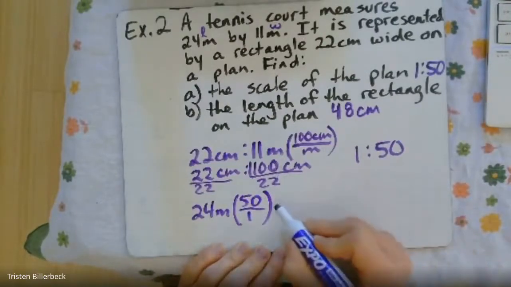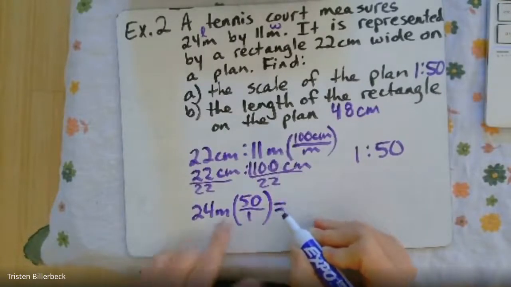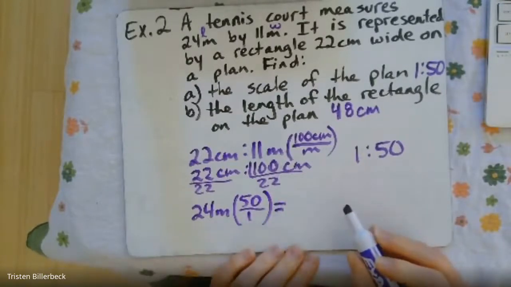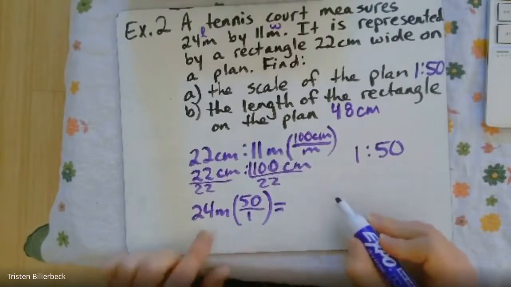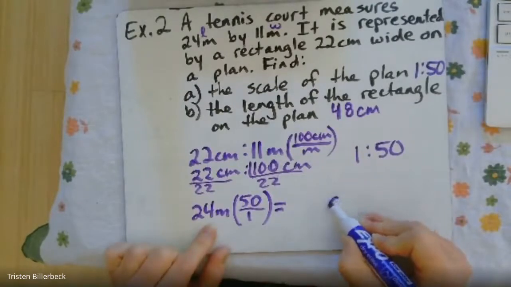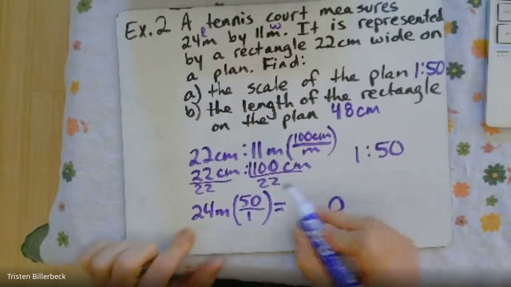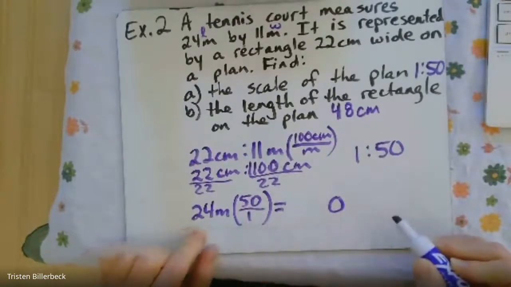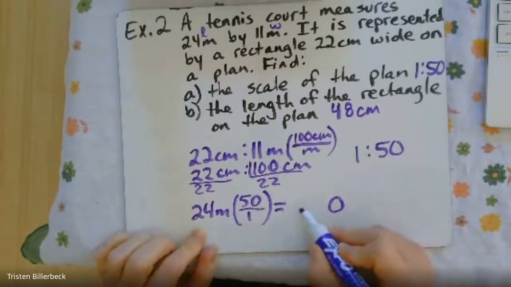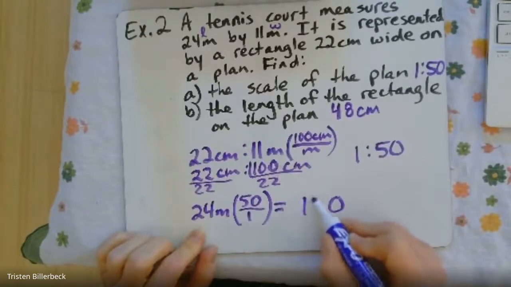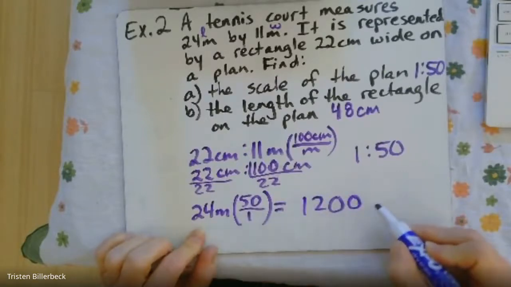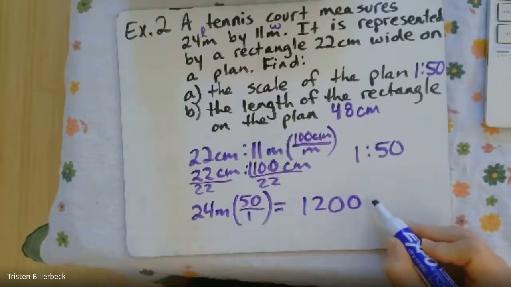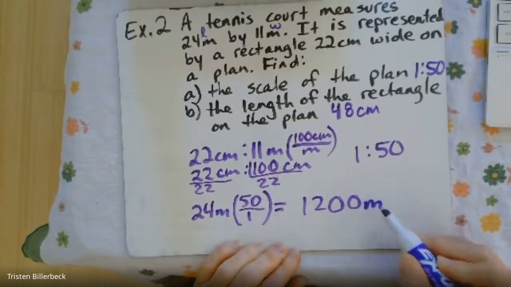Okay, so then we multiply this, 50 to 1, and we get 5 times 4 is 20, carry a 2, 5 times 2 is 10, so we have 120 meters.